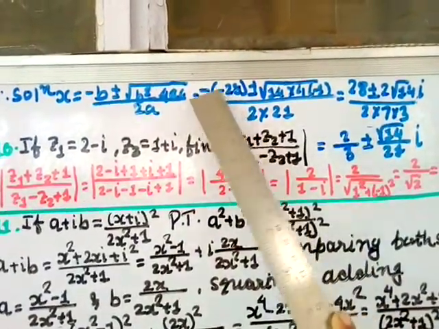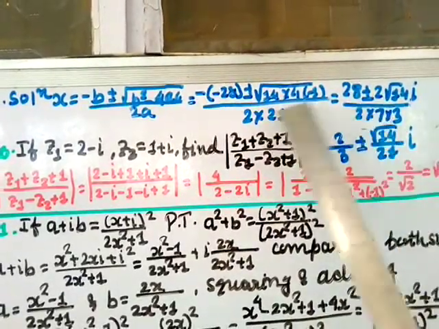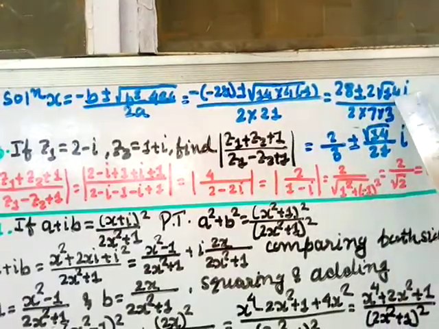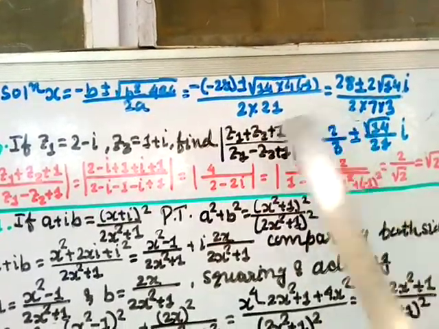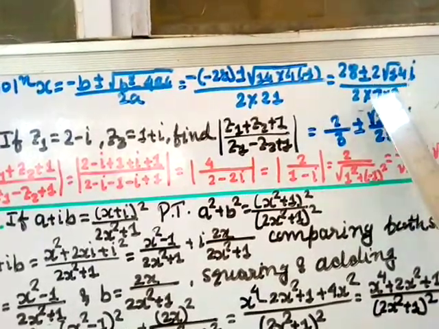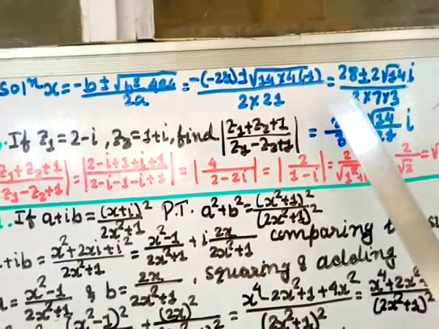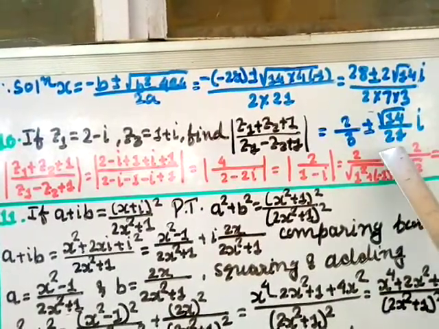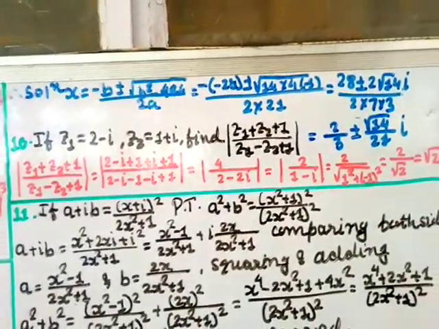So 28 plus or minus square root of 4 is 2, root 14 and root of minus 1 is i. So 2 as it is, and 21 I am writing as 7 into 3. Now each term, if you divide 28 by this, you get 2 by 3 plus or minus, and when you divide this by this you get root 14 by 21 i. So that is the solution for question 9.